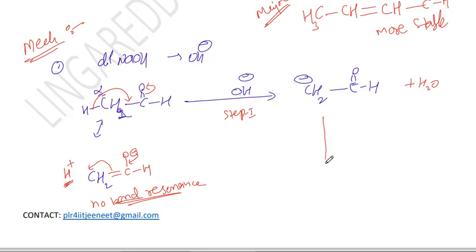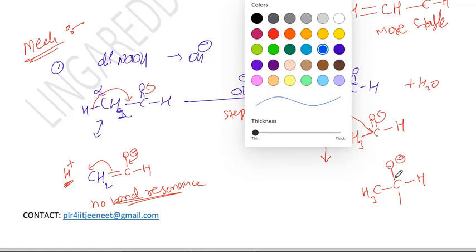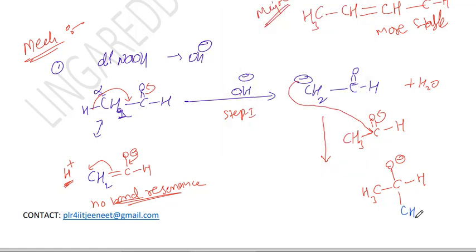Now this carbanion acts as a nucleophile. CH3 C double bond OH, one more aldehyde is there. Now this carbanion is attacking the carbonyl carbon. Now you can see here CH3 C double bond O becomes O minus, with hydrogen. Now downside I am writing this first aldehyde, CH2 C double bond OH.